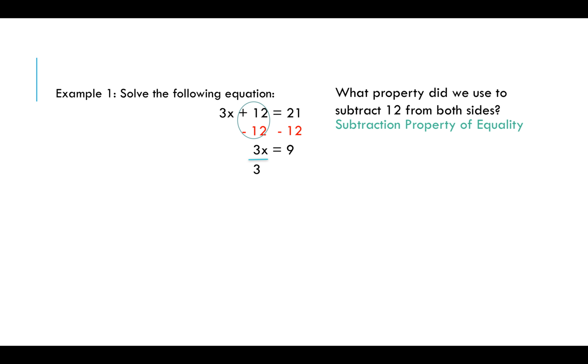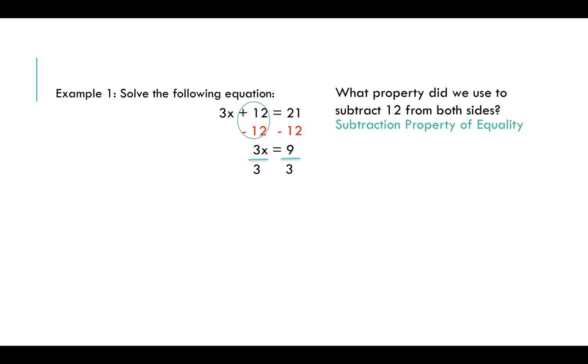You have to divide by 3. But if I divide by 3 on one side of the equation, what do I have to do to the other side? Divide by 3. So if I divide the left side by 3, I have to divide the right side of the equal sign by 3.